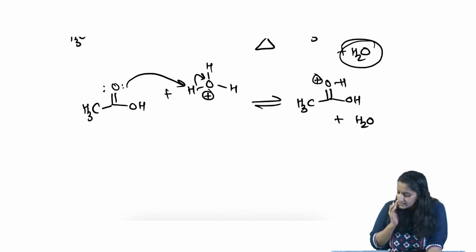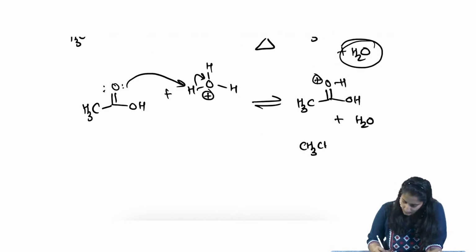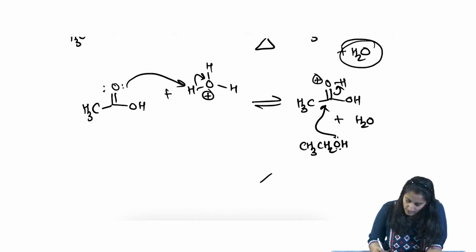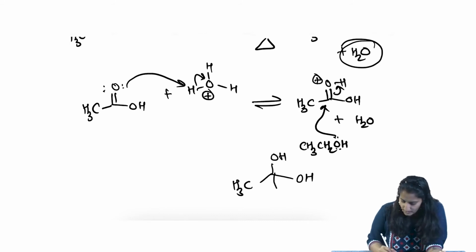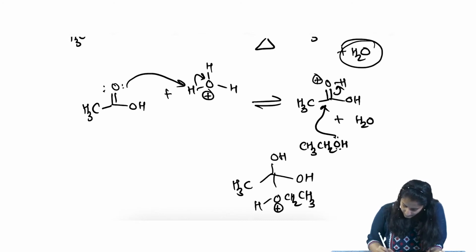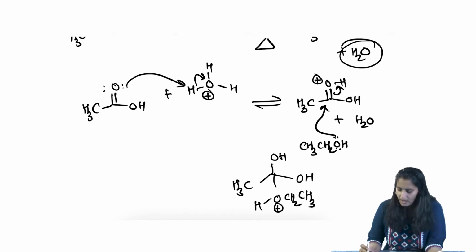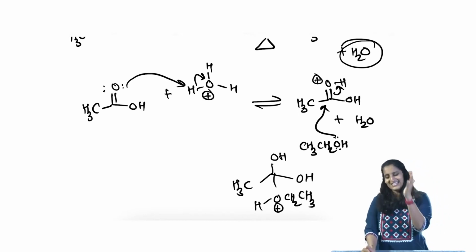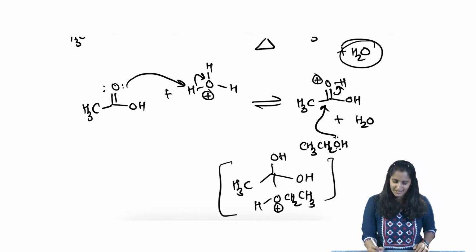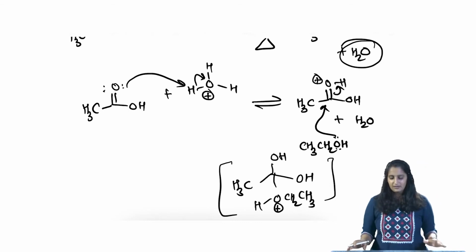Now, we have ethanol as our nucleophile here. It is going to attack it here, open it up. Again you have a tetrahedral intermediate. So, remember, most of the reactions that we do in this particular chapter are the same way: addition, form the tetrahedral intermediate, and then you later eliminate.